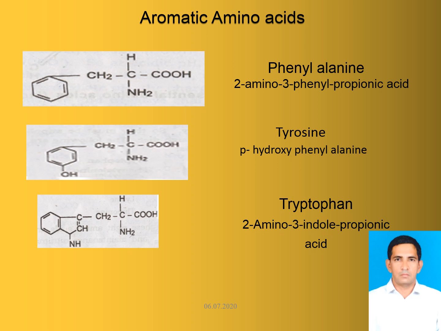Next is aromatic amino acids: phenylalanine, tyrosine, tryptophan. An aromatic amino acid (AAA) is an amino acid that includes an aromatic ring.